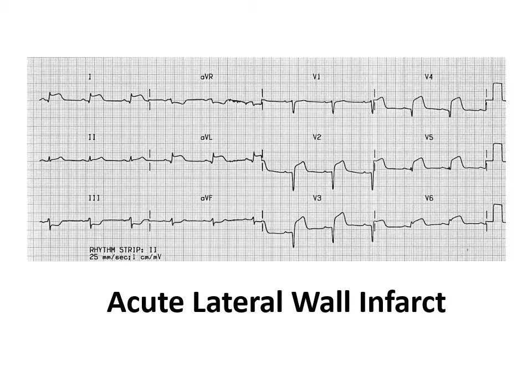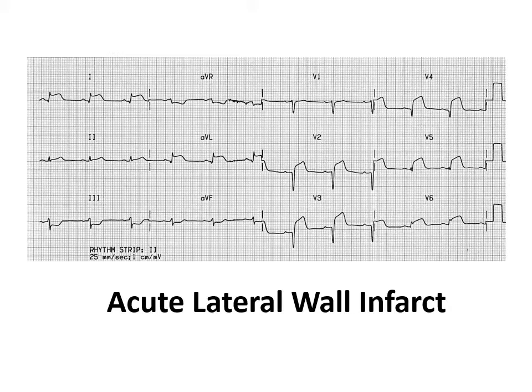Oops, I might have just rewound this a little bit. So just in case I rewound it a little bit on this side, what do I see? If I look at this, I notice that in 1 and AVF, if I try to look at the axis, 1 has ST elevation in it, and AVF has a little bit of ST depression.